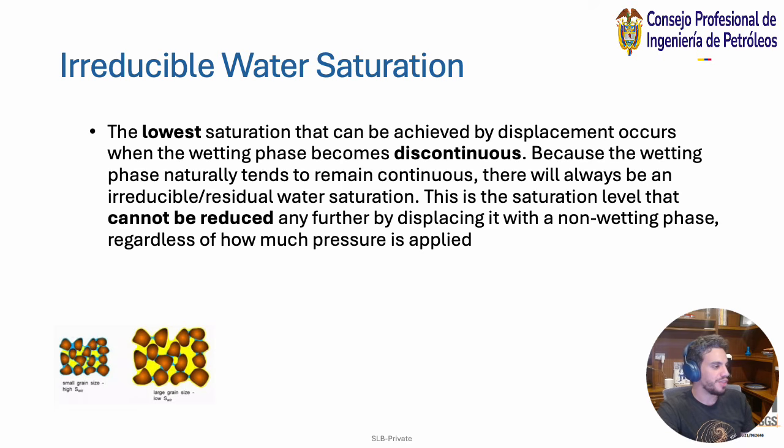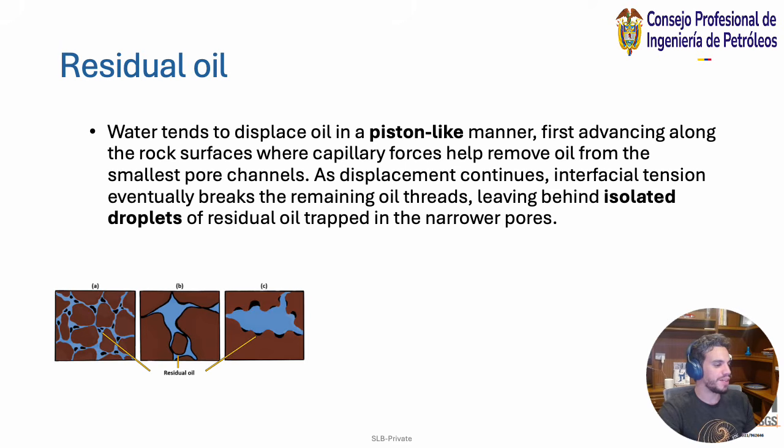And since we have this definition for water, we also have a similar definition for oil that follows the same concept. So it's called the residual oil. And water tends to displace oil in a piston-like manner, and the displacement is sort of sequential, you can say, but at some point, as the displacement continues, the interfacial tension eventually breaks the remaining oil threads, leaving behind isolated droplets of residual oil trapped in the narrow pores, right?